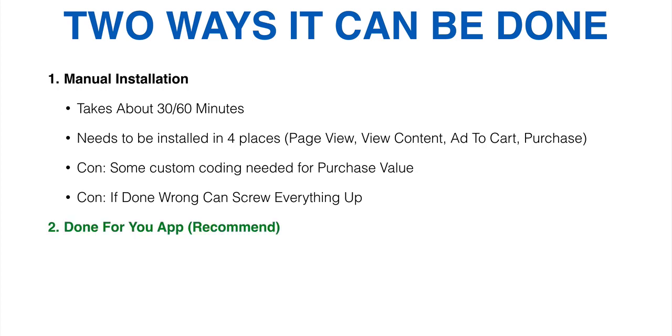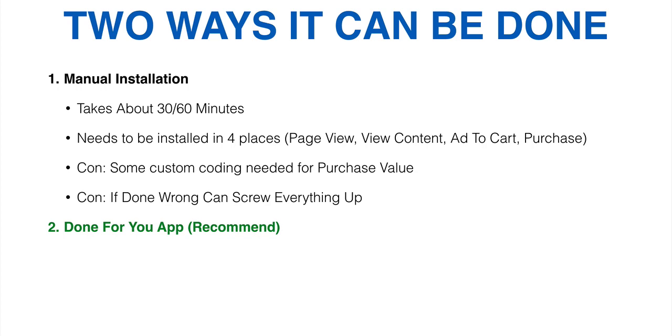Now, the second way is what I recommend, and that is done for you. Okay? Now, there is an app that I developed myself, and as I'm filming this video, it just finished yesterday. And I developed it specifically for you guys.